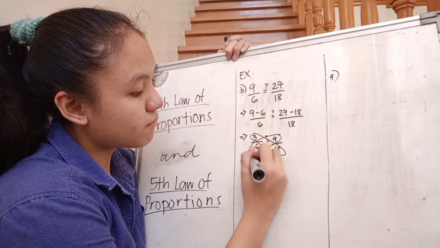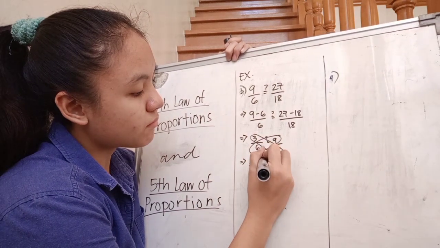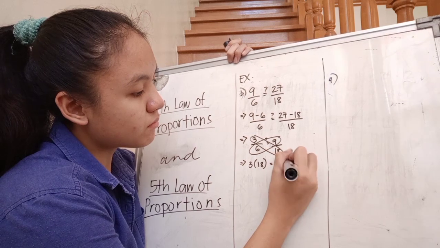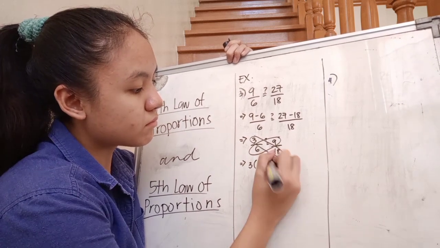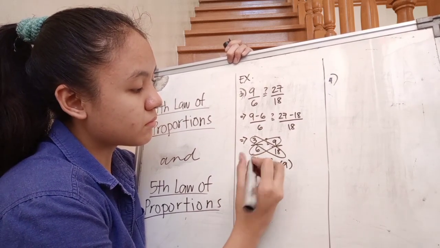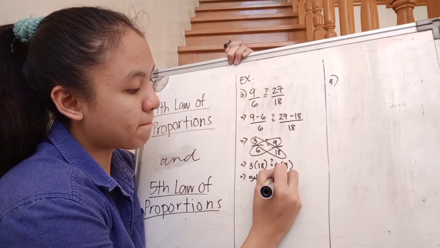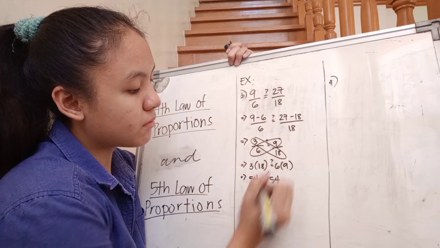Here are more examples. So our third example, 9 over 6 is equal to 27 over 18. So 9 minus 6 over 6, that will be 3 over 6 is equal to 27 minus 18 over 18. That will be 9 over 18.